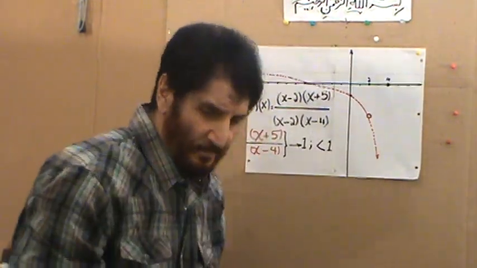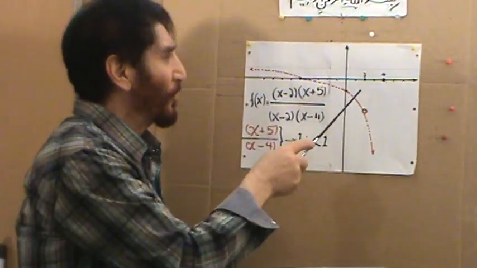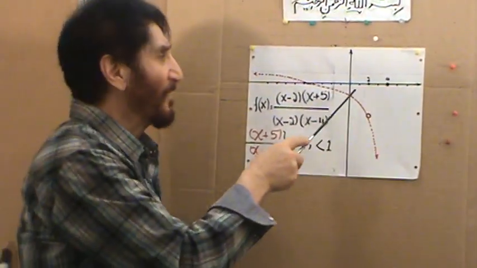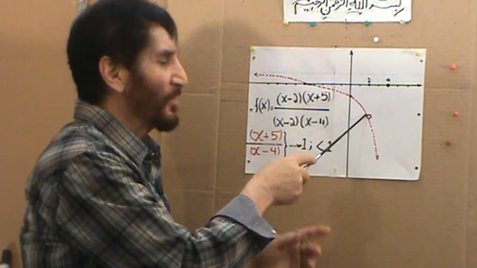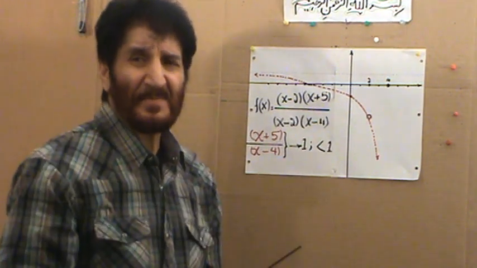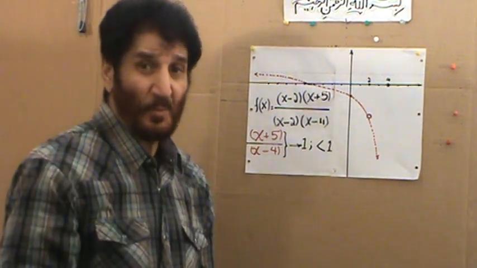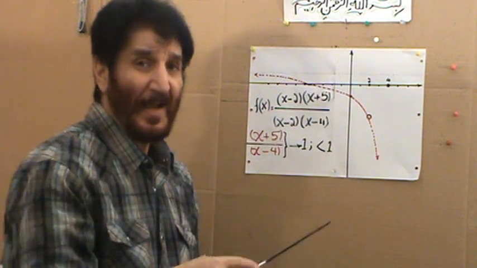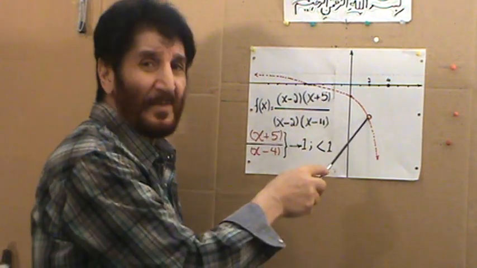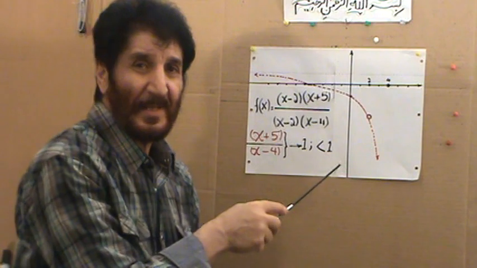Now, here, as you already know, again I'm repeating myself, when we approach 4, the value of the function was approaching negative 7 over 2, which is negative 3.5. So there is kind of a hole in there.